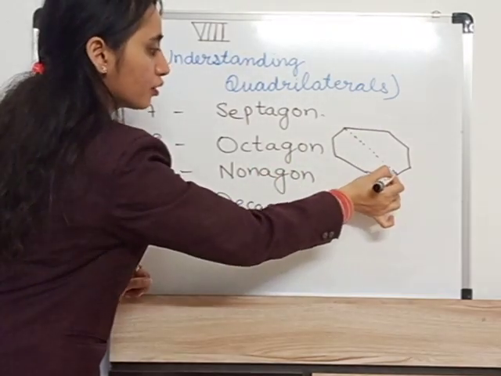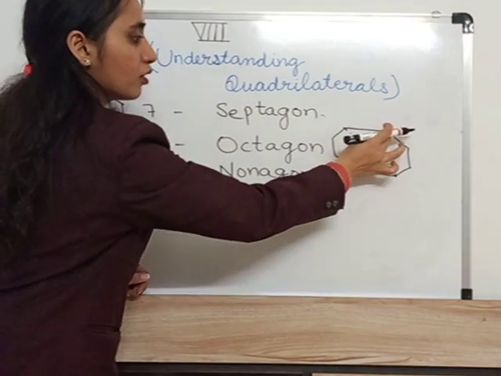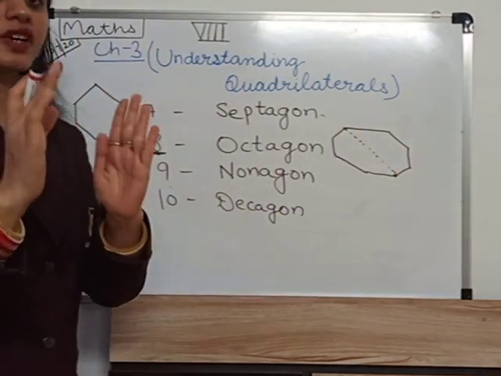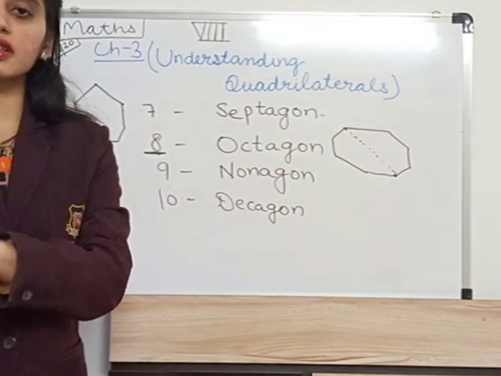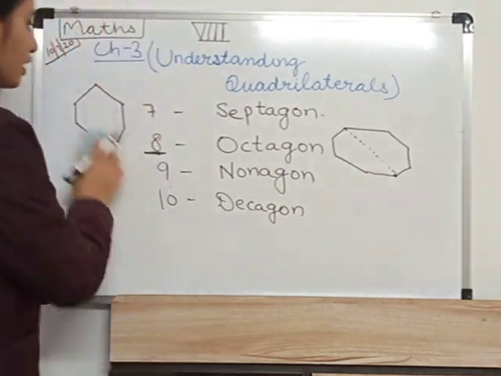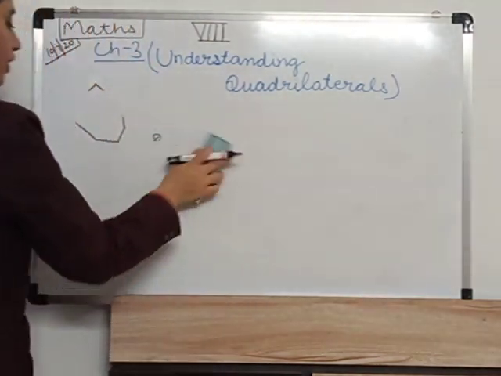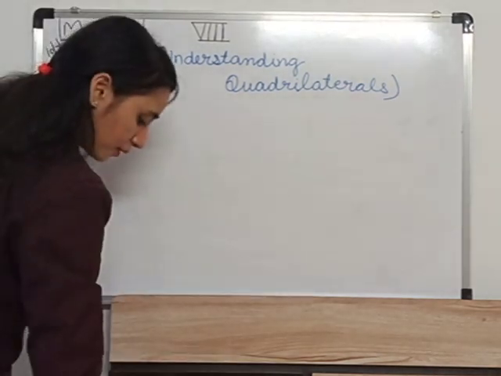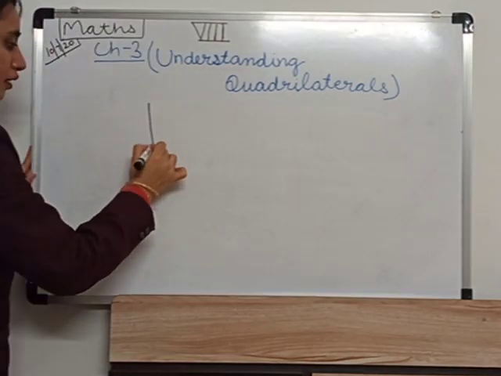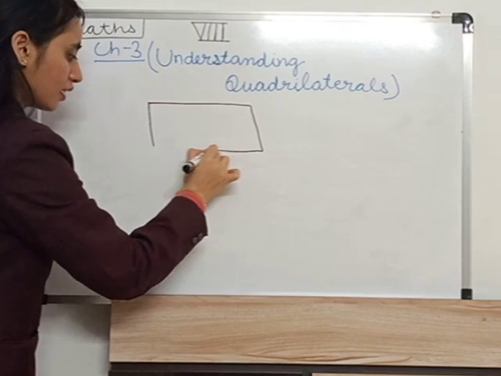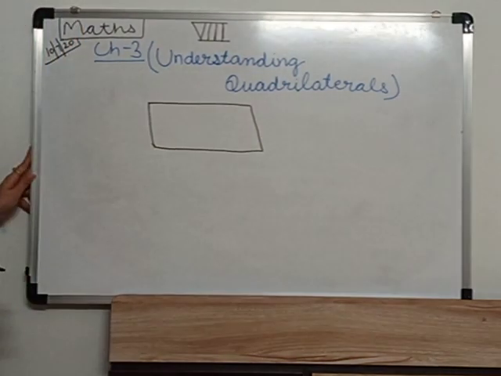These are non-consecutive vertices. These are consecutive vertices, meaning these vertices are continuous in the figure. See, in quadrilaterals, we take one example of a quadrilateral, that is a rectangle. What is the diagonal in this shape?